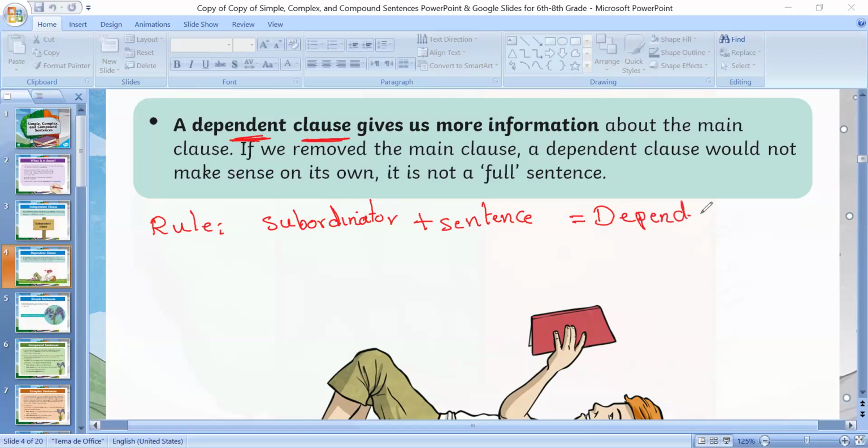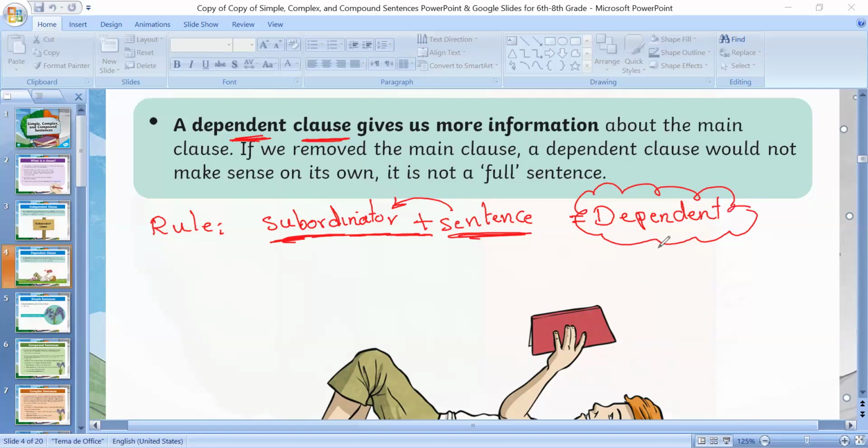Dependent. So simply, any sentence that comes directly after a subordinator becomes what? Any sentence that comes after a subordinator is considered as what? Dependent clause. Excellent, Hala.